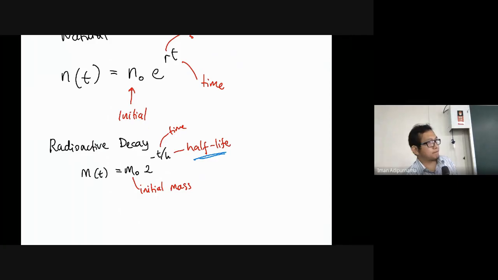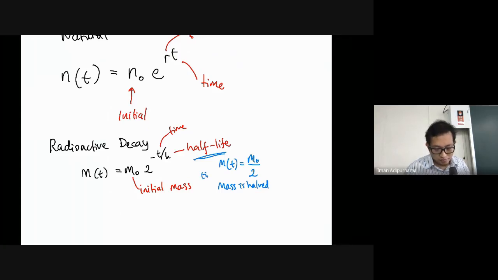Half-life. Yes, correct. So half-life is when your mass is the initial divided by 2. It's half the initial mass. So I will write here, mass is half. So it's the time when mass is half.